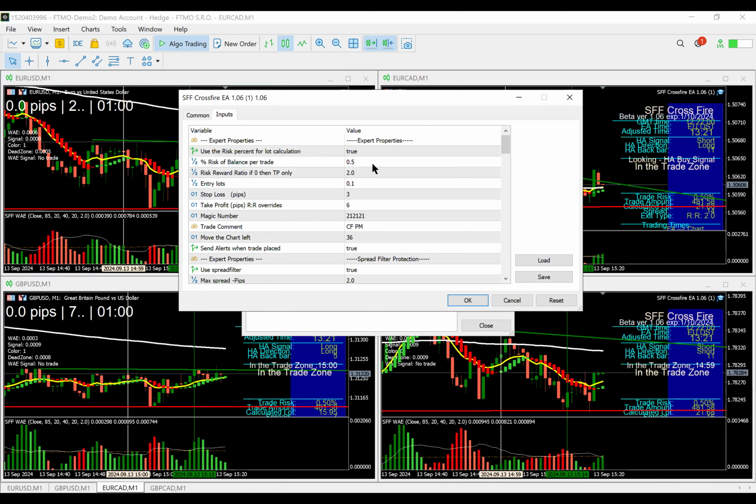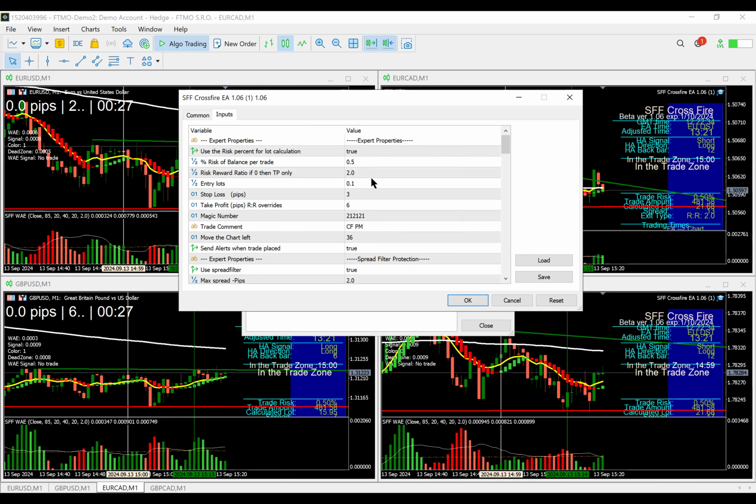If I've got a $100,000 account and I want to risk 0.5%, I'm going to risk about $500. So I'm saying that, yes, I want you to use the risk percentage as a calculation. So it's going to use 0.5%, and it's going to look for a risk to reward of 1 to 2. So I'm risking 0.5% to make 1%.